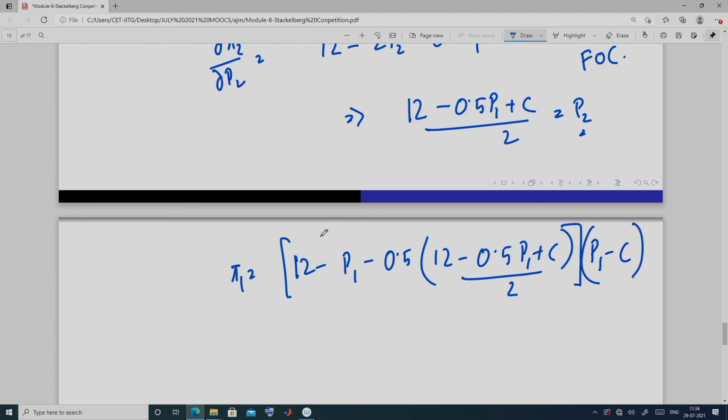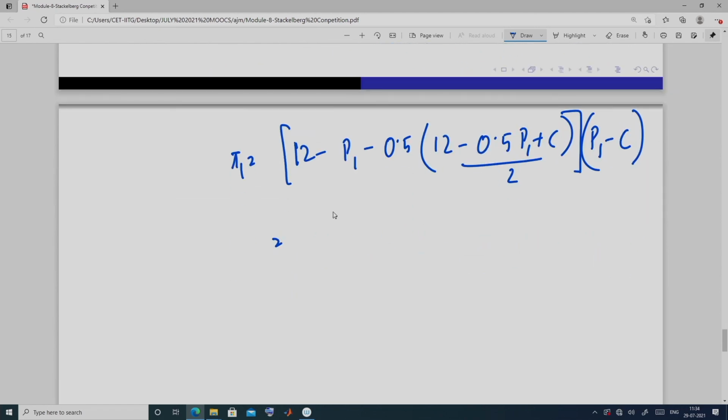Take this. So, this is, you can write 24 minus 2 P1 is 6.